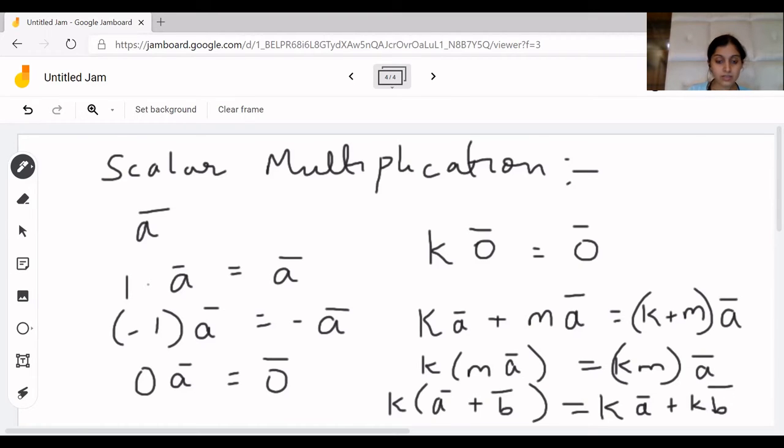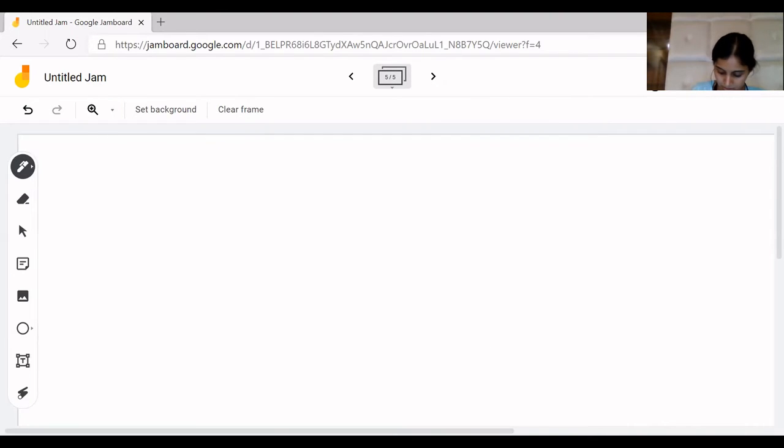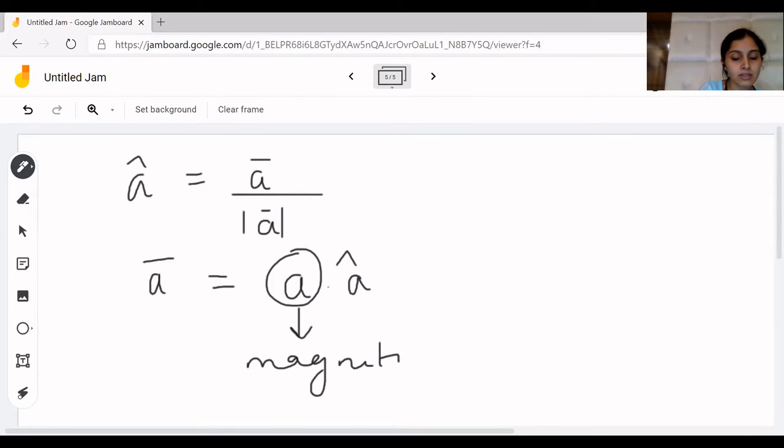Now let us understand what we know about unit vectors. The unit vector a cap is equal to a bar upon magnitude of a bar. Any vector a bar can be written as a bar equal to a into a cap, where this a is the magnitude of the vector a bar.